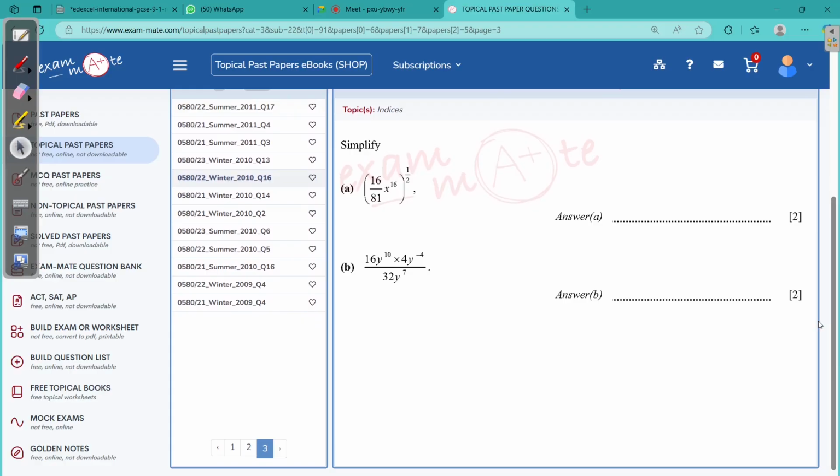Bracket. So 1/2, 81, and 10 to the power 51.